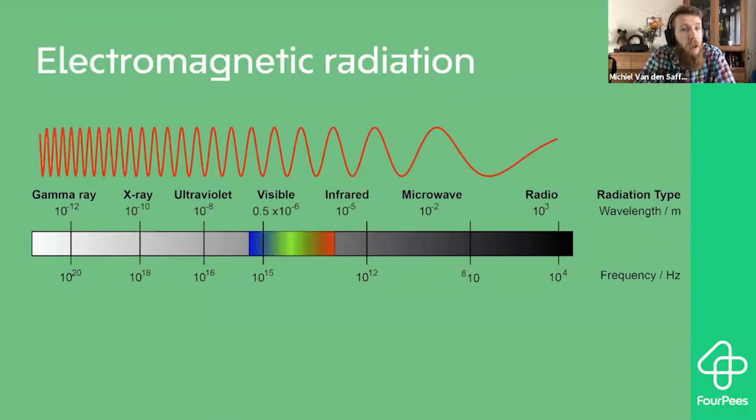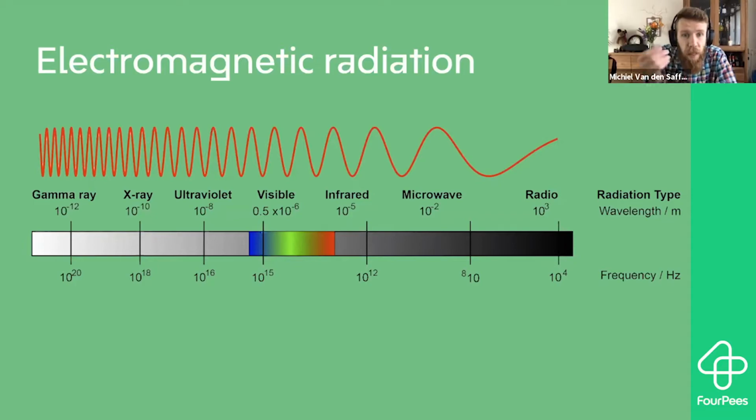For example, we see on the very left, the waves with the most power indicated here are gamma rays. Gamma rays is what made people into the Hulk, right? So that's one kind of radiation. On the other end of the spectrum, we have radio waves that bring you your radio presenters in your ears. We also have microwaves. We know all of these words. We know all of these things that are helpful in our lives.